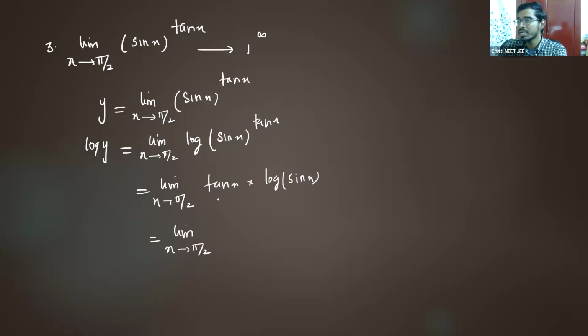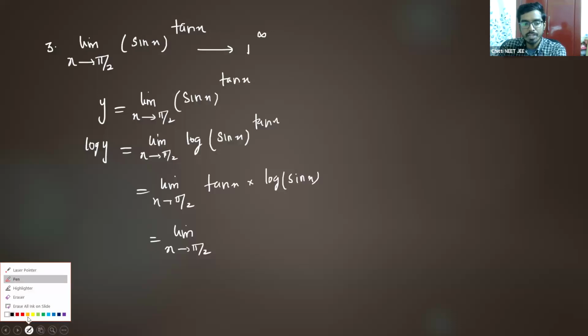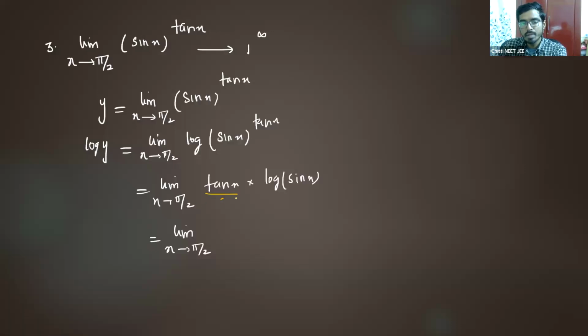See, here I cannot apply the standard formula. I should not multiply and divide by x, I cannot make this as 1. Why? Because your x is tending to pi by 2. What is your f of x? F of x is x. x is not tending to 0 when x is tending to pi by 2.